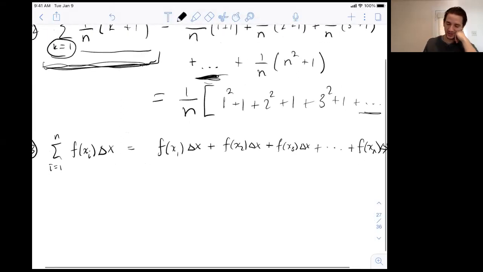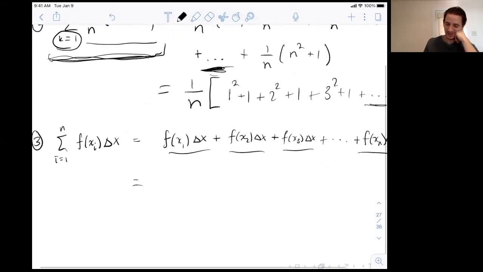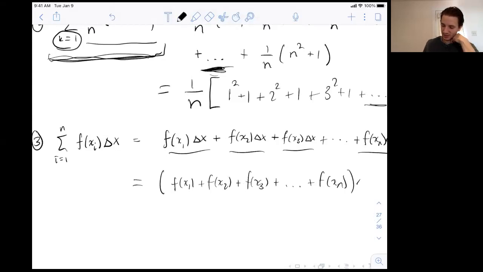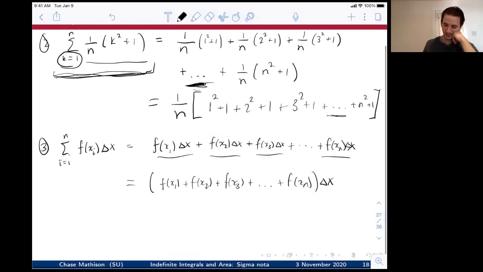Again, each of these terms has a delta x in common, so I could write this as f of x1 plus f of x2 plus f of x3 plus on and on and on plus f of xn, times delta x. Okay. But that's all we can do without knowing a specific f or a specific delta x or specifically what x1 and x2 and x3 and x4 are.